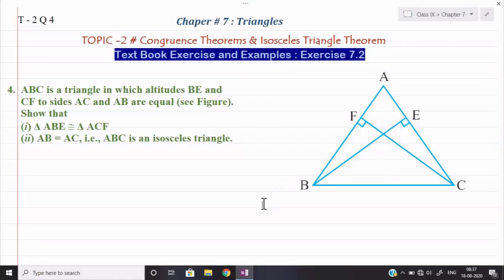Okay, means in the previous question also they were given as altitudes, and here also they are given as altitudes. Okay, now see what they are saying. Altitudes BE and CF to the sides AC and AB are equal, means this time the altitudes are given equal. Then we have to show that triangle ABE and triangle ACF are congruent.